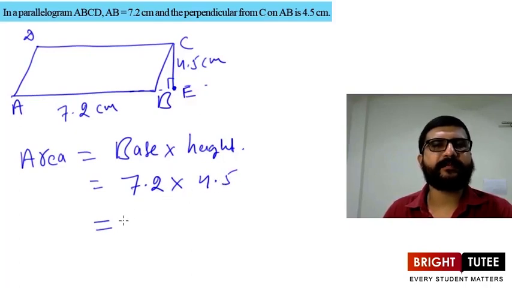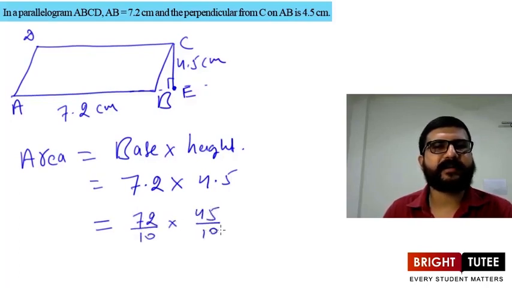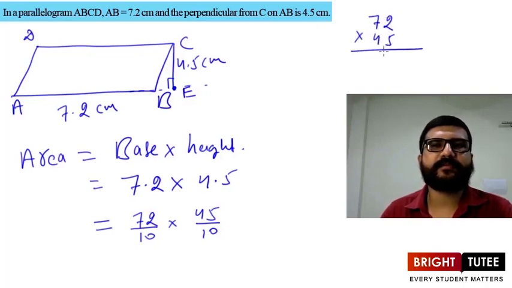7.2 into 4.5. Now how can we multiply them? We can write them as 72 upon 10 into 45 upon 10. Now let's multiply 72 into 45. So it will be like this, 72 into 45. 5 into 2 gives us 10.